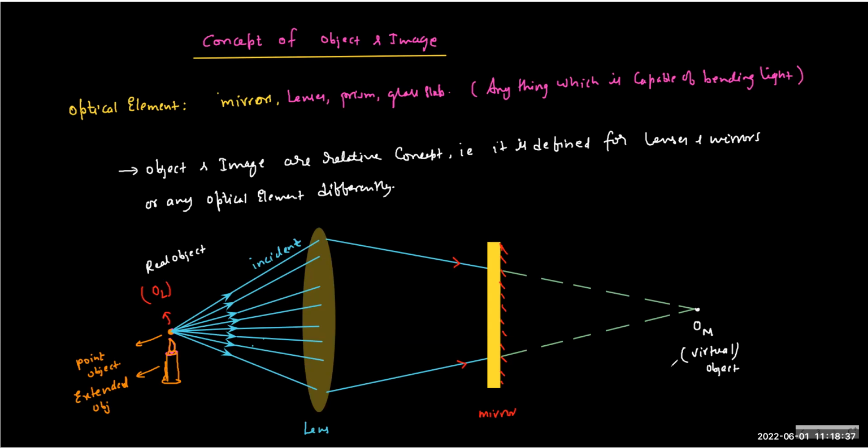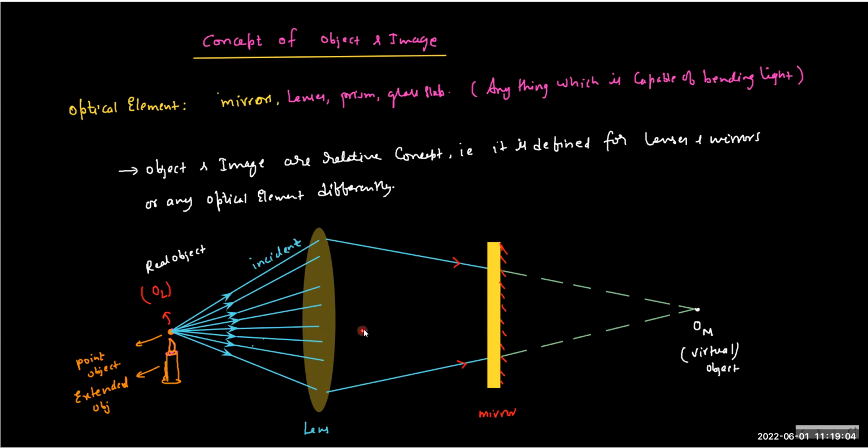Okay. Now we'll come to the next part, the refraction or the reflection. The light ray, after passing through the lens, has refracted, correct? Now, when we talk about the reflected or refracted rays, we talk about the image.